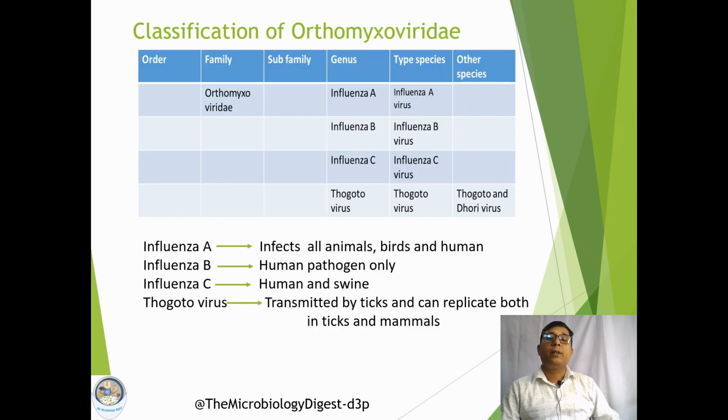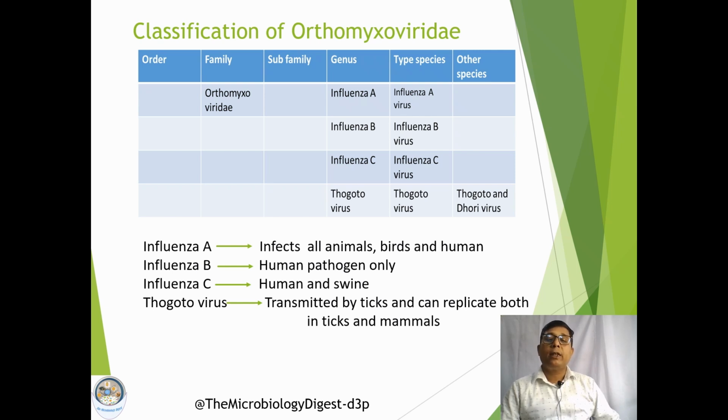As for classification, the family Orthomyxoviridae does not have any subfamily, but it is classified into 4 different genera: influenza A, influenza B, influenza C, and Thogotovirus. Each genus has its type species, but the host specificity is different.